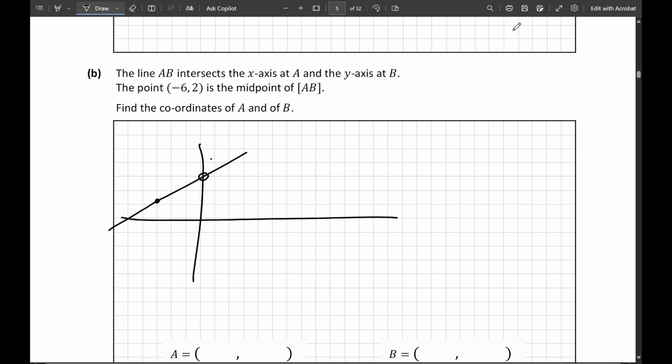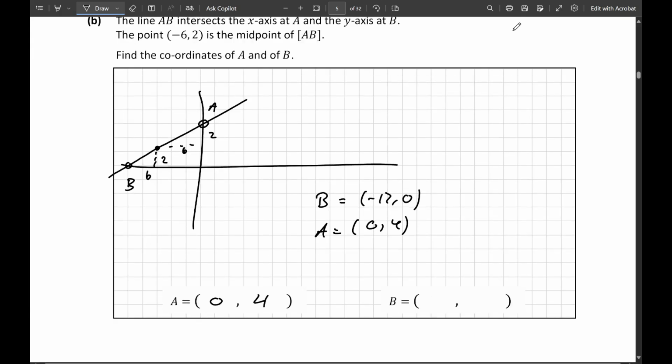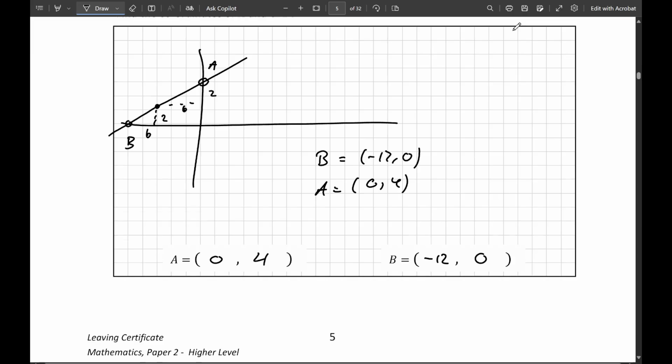So this point is A, and then this point is B. So if it goes up 2 and across 6, so that's 2 and that's 6, then this has to be 6 and 2 as well. So B will just be minus 12, 0, and A will just be 0, 4. Perfect.